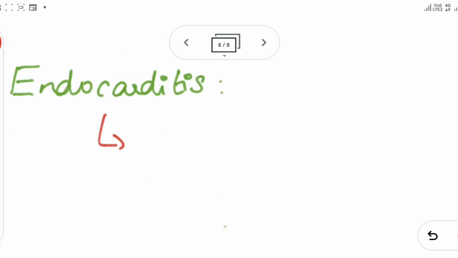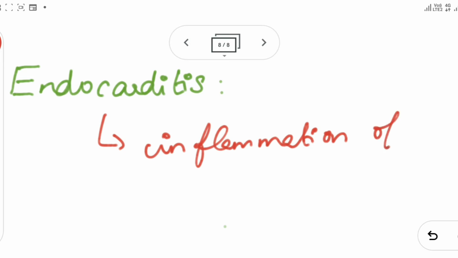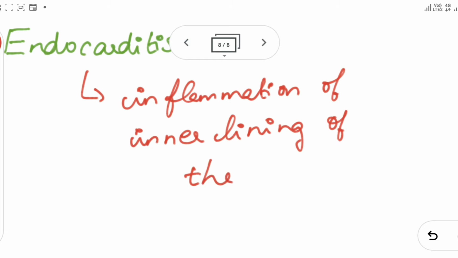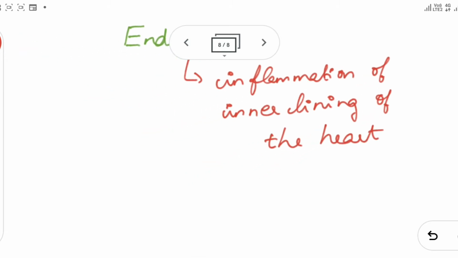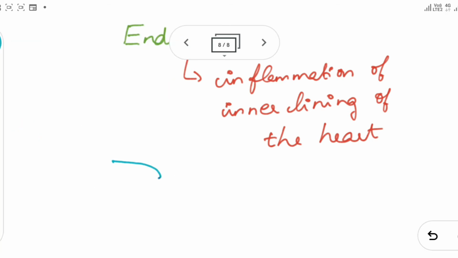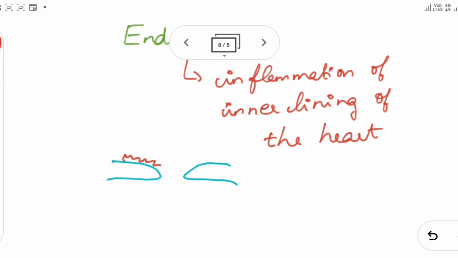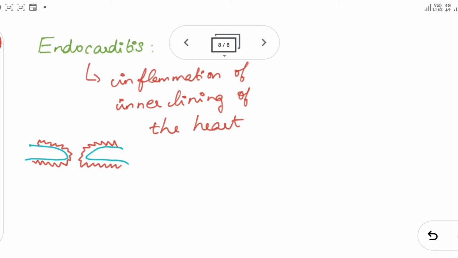Endocarditis is the inflammation of the inner lining of the heart, along with the inflammation of the valves.